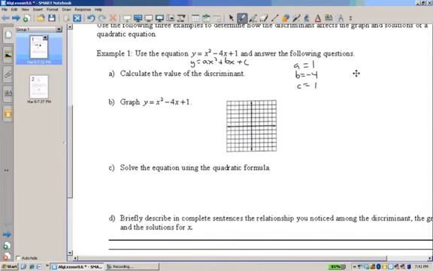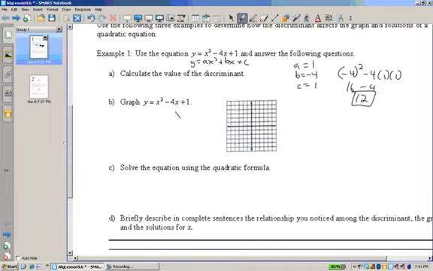So b squared minus 4ac, so that's b, I've got to put that in parentheses, squared minus 4 times a times c. That's going to be 16 minus 4, or 12. So the discriminant is 12. The discriminant is positive.